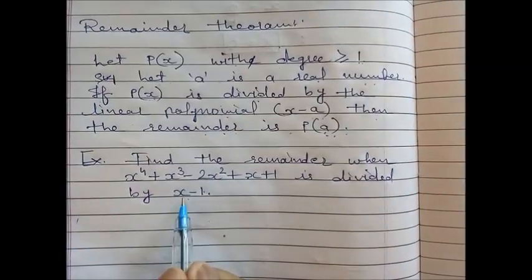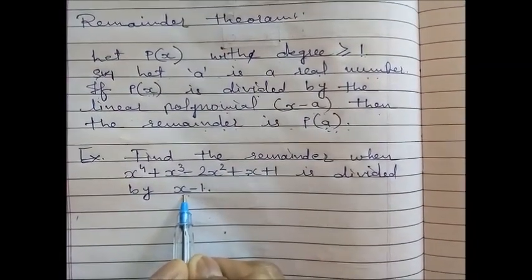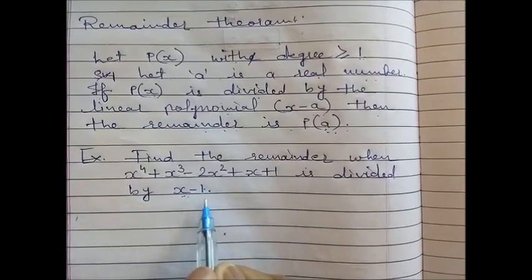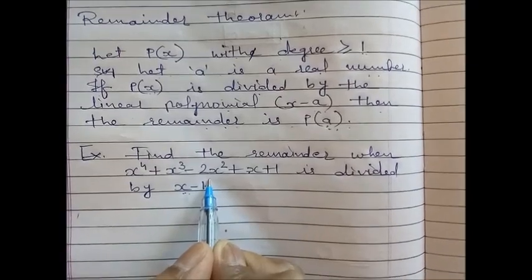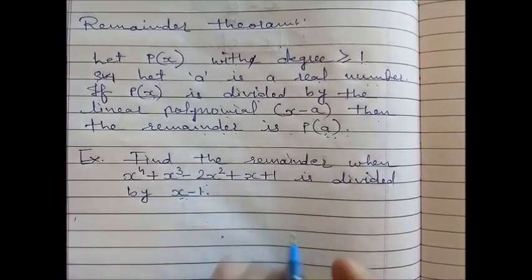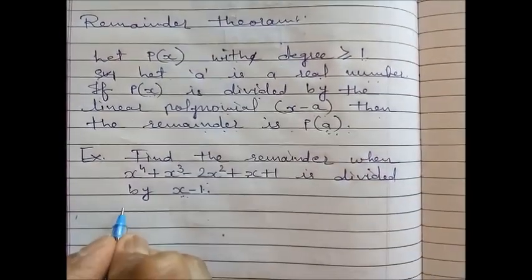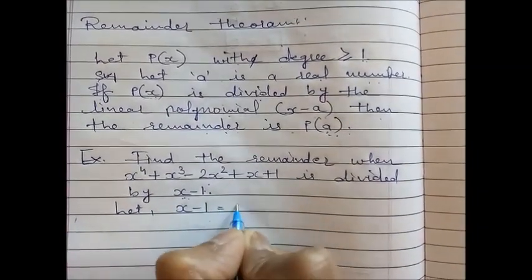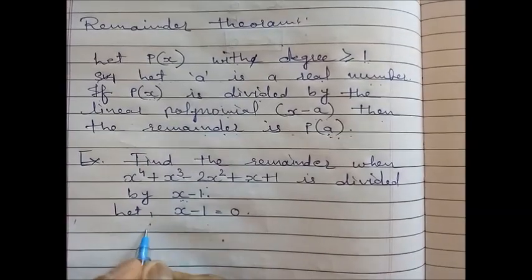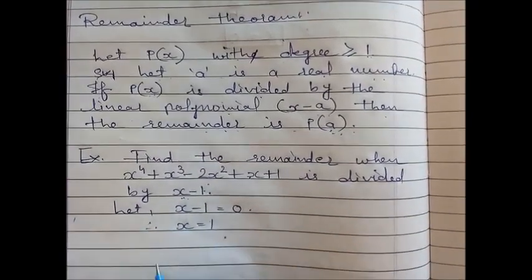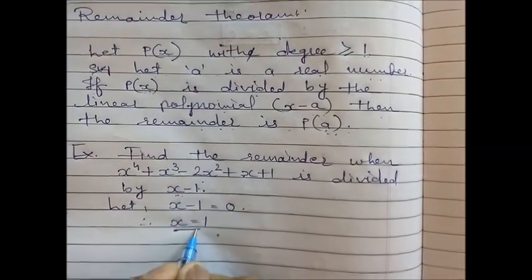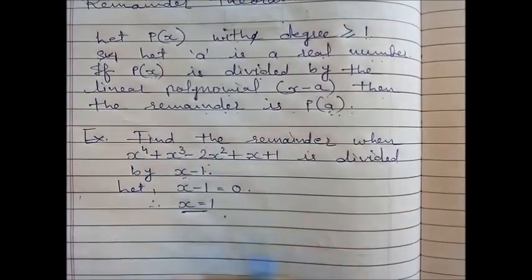That means for this sum, the remainder will be p of 1, right? So to check this, we will first start with x minus 1 is equal to 0. Therefore, x is equal to 1. Now for this x is equal to 1, we have to find the value of this polynomial.